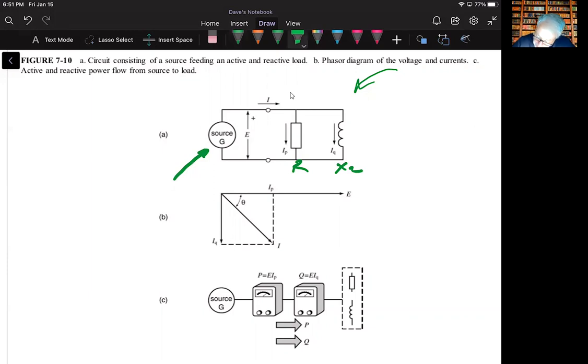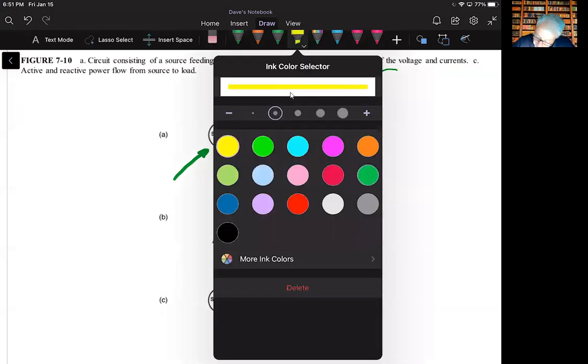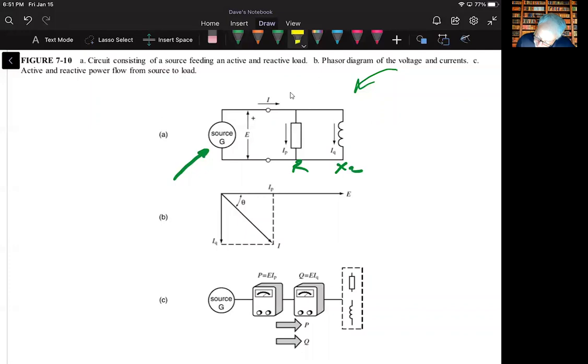What we're looking at here is this phasor diagram, where we see I sub P and voltage in phase since it's resistive, and I sub Q 90 degrees out of phase since it's inductive. What I would like to know is what the total current is.